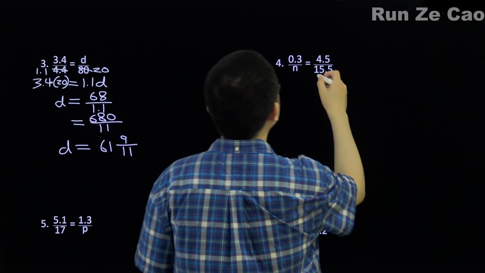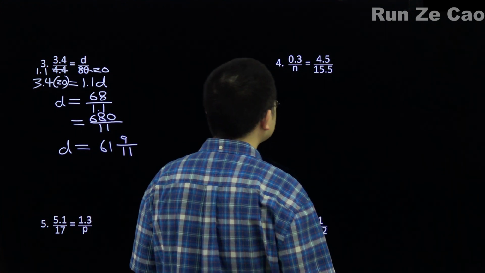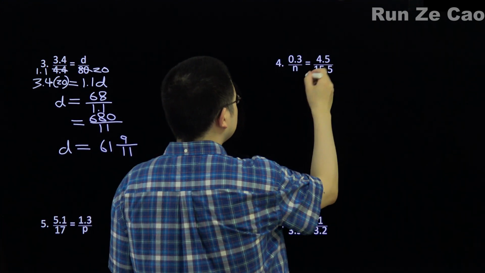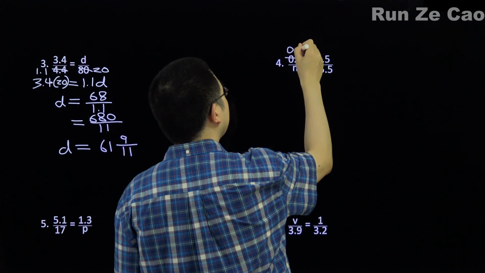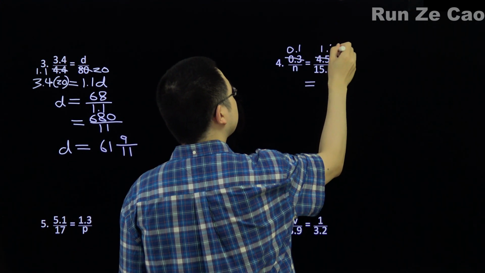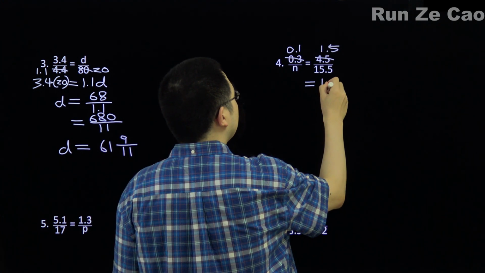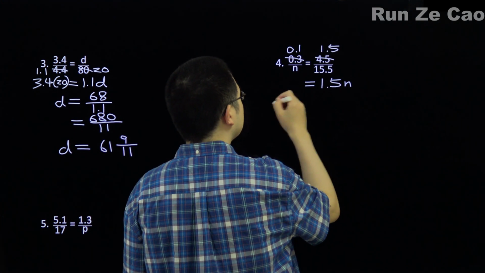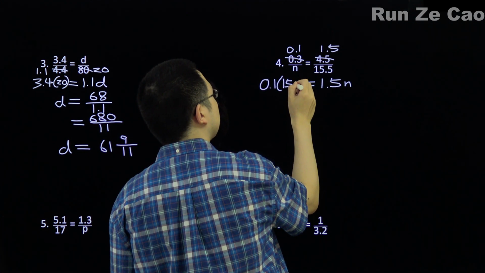What about this? We can cross multiply, right? Well, let's cancel first. 0.1, 1.5. So divide both sides by 3. 1.5n is equal to 0.1 times 15.5.